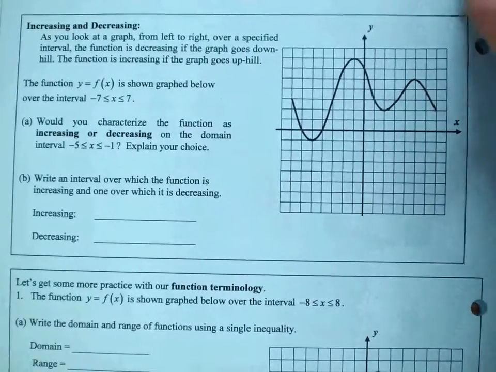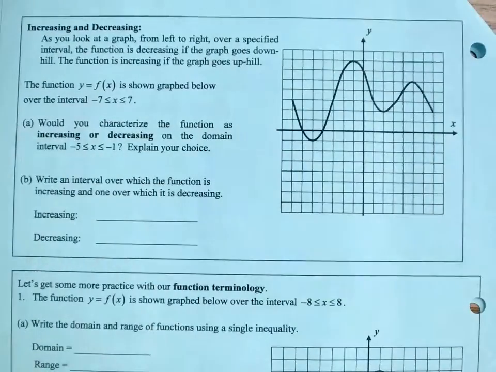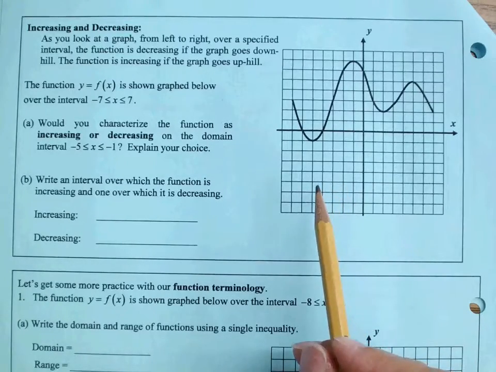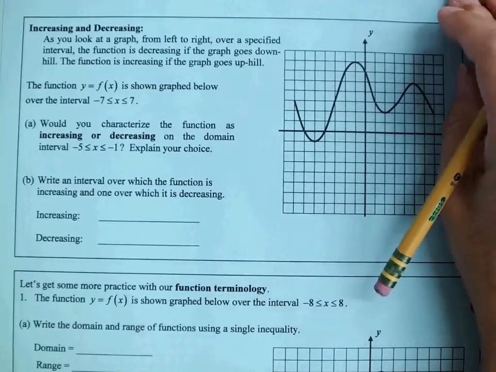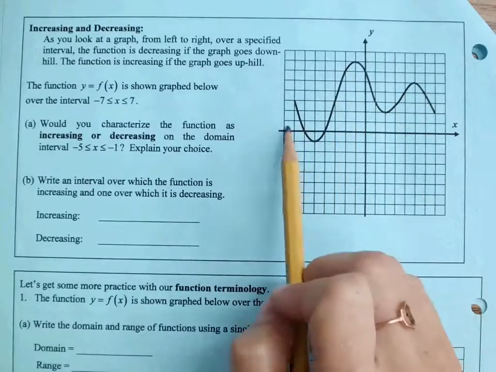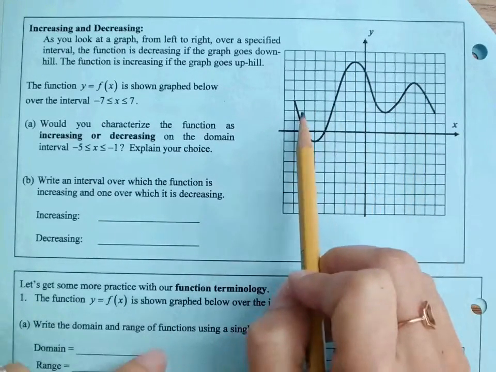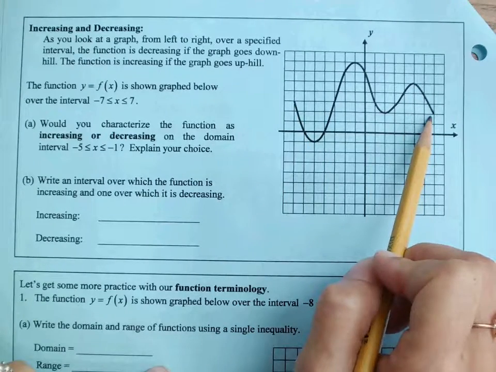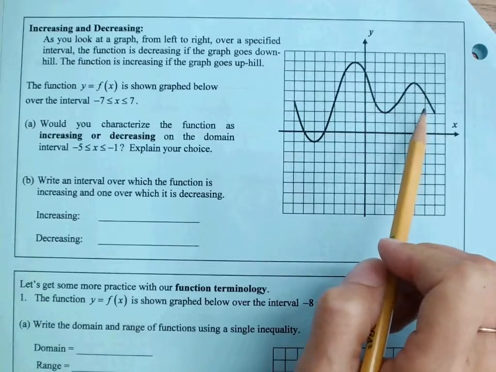So now we're going to talk about something called increasing and decreasing. Increasing and decreasing is how specifically the graph moves over a certain section. This is the same graph that we had for maximums and minimums. As we look at this graph from left to right over a specified interval, from -7 to +7, the function is decreasing if it goes down a hill.